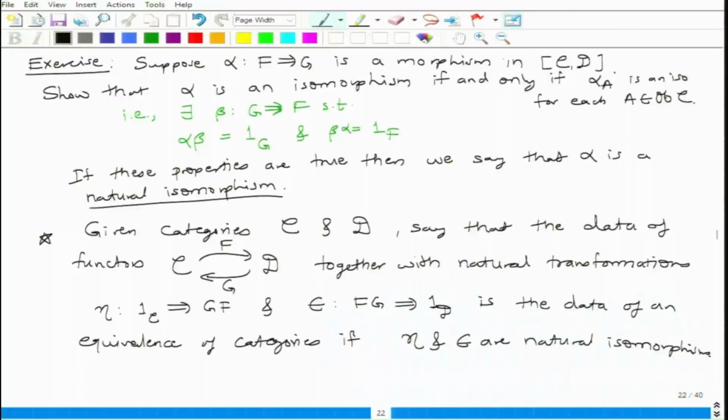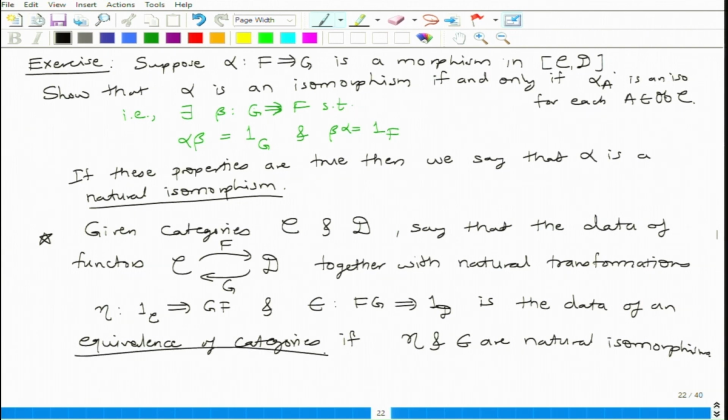Yeah, it doesn't matter. For this definition it won't matter. Is this okay? Right. So this is the definition of equivalence of categories.